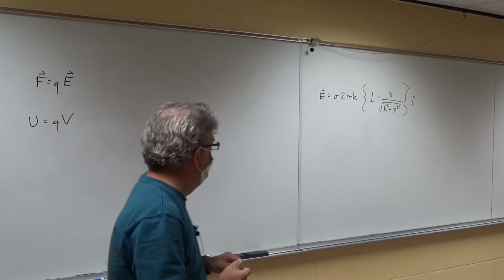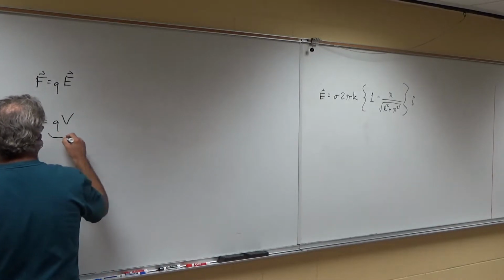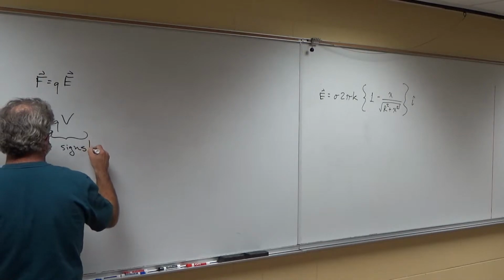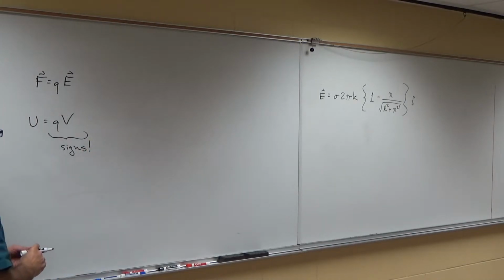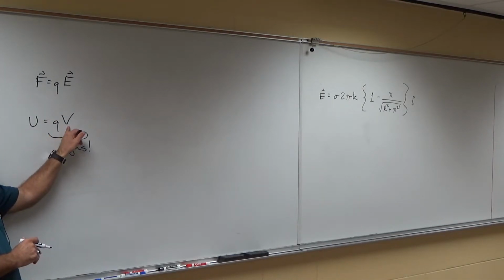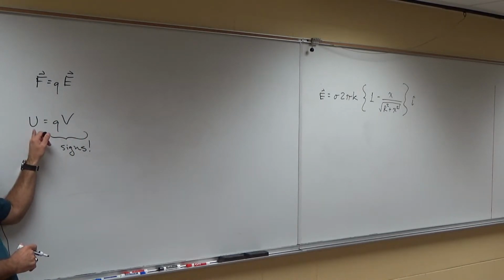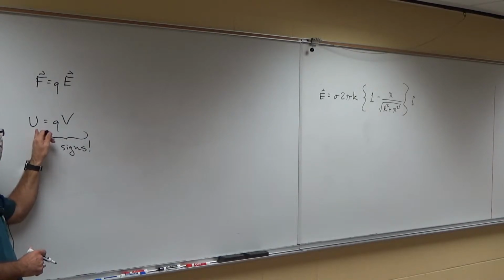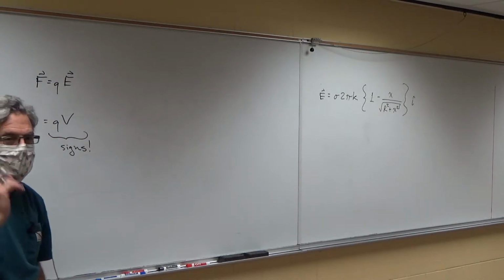You have to be careful with this. You have to pay attention to the signs. A negative charge in a positive potential gives you a negative potential energy. A negative charge in a negative potential has a positive potential energy. You get all the combinations there.